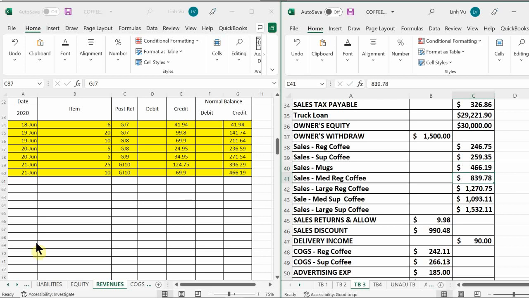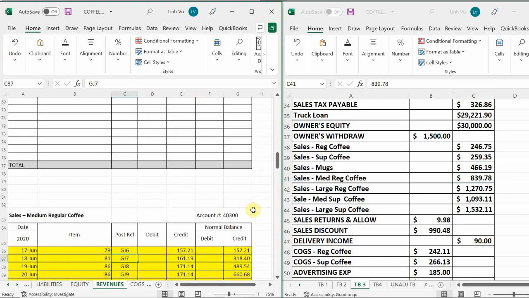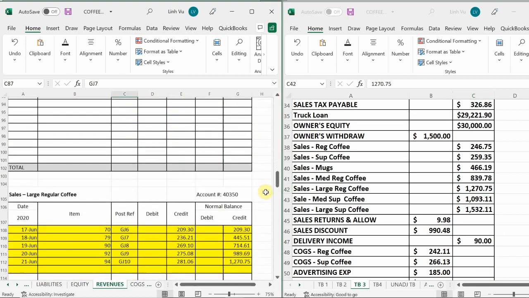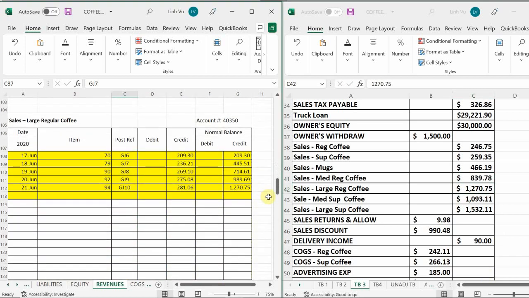Okay, and then my sales for my medium regular coffee is at $839.78. Okay, my large regular coffee is at $1,270.75. Okay.